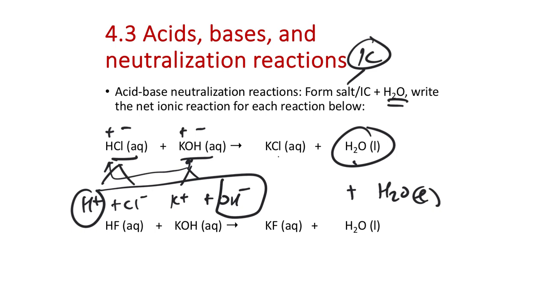To drive a reaction to take place where you have ions like this, we have to form something that doesn't go back. We have to form something that's going to stay as it is and not dissociate back into those ions again. So water fits that bill. It drives the reaction to take place. The KCl doesn't really do much here because we're just keeping those ions as spectator ions. So chloride and potassium ion are the spectators.